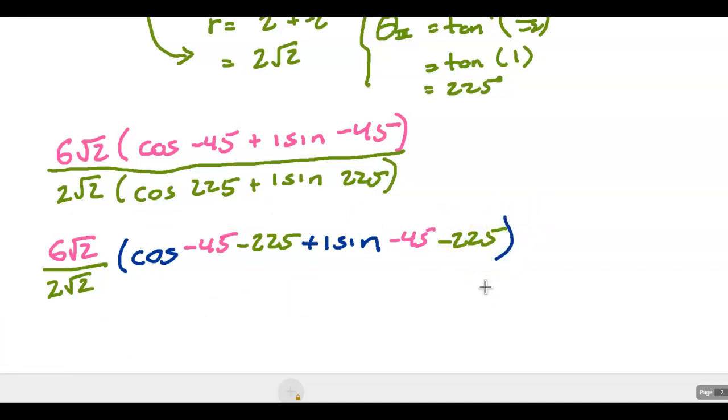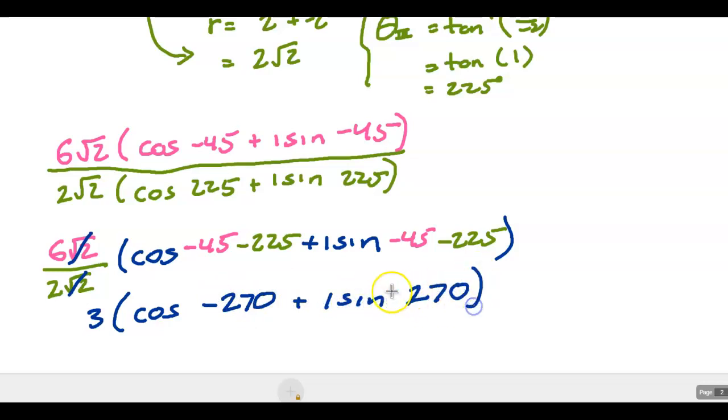And we can simplify all of this now. So we have √2's canceling out. We have 6 divided by 2, which is 3. And we have cosine -45 minus -225, which is going to be negative, what is that, 270, yeah, 270, plus I sine 270, negative.